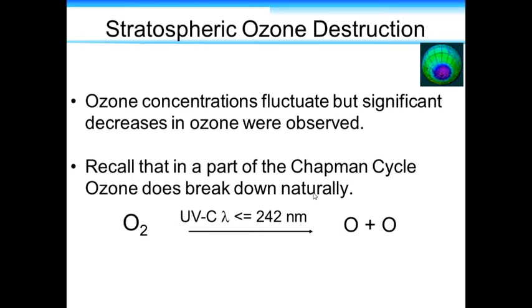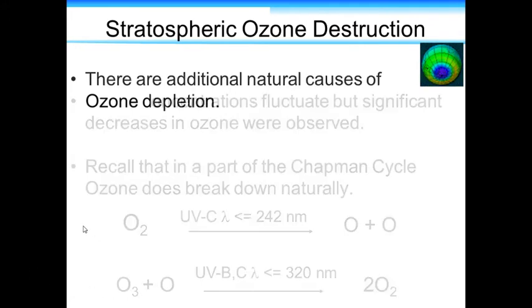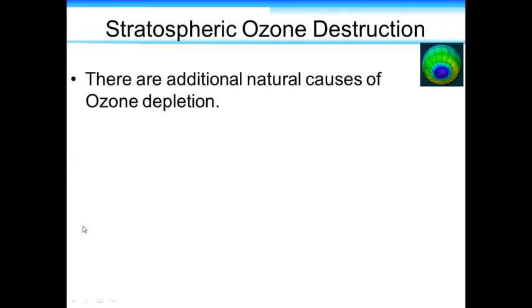We have high energy light hitting oxygen, it's breaking apart. And then the ozone, if it collides with one of those single oxygen atoms, and if there's some UV radiation, it will break apart. So this occurs naturally. And there are other causes that can accelerate ozone depletion that we would consider natural.